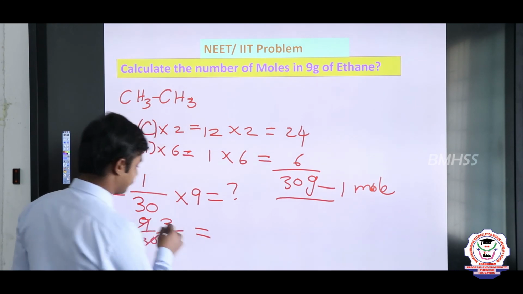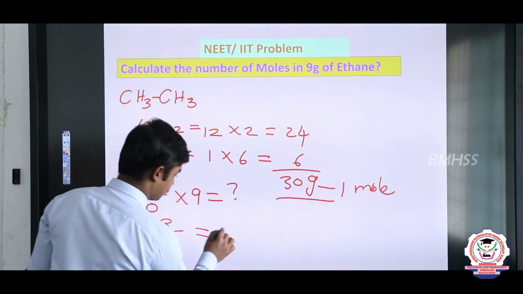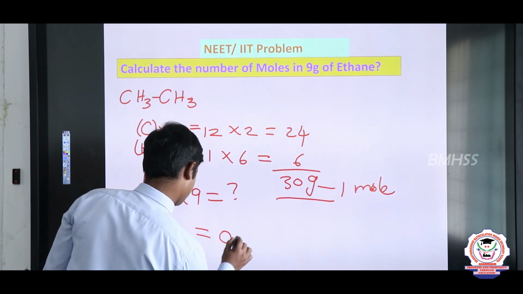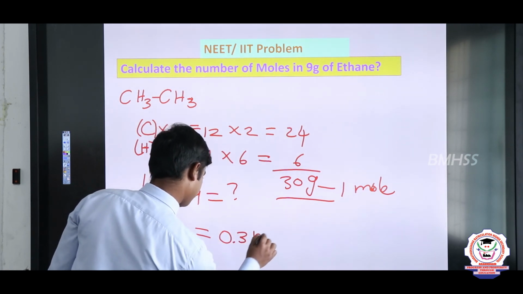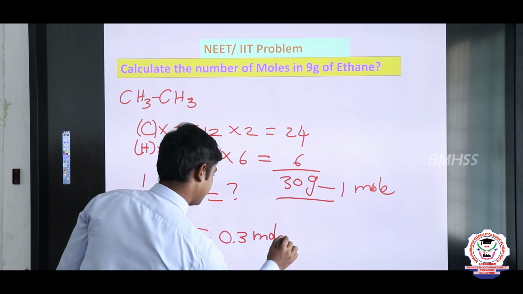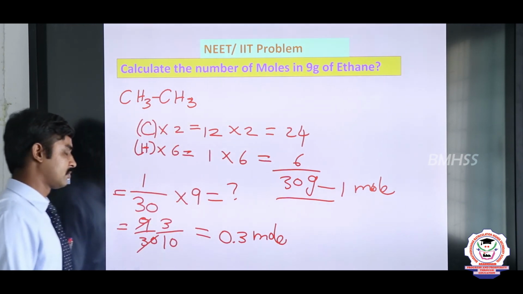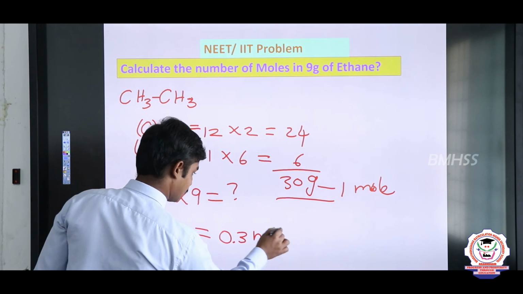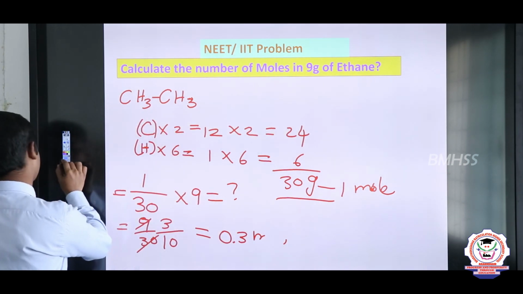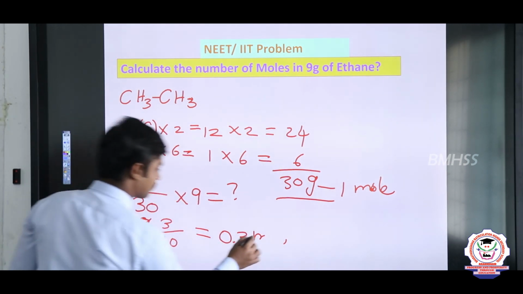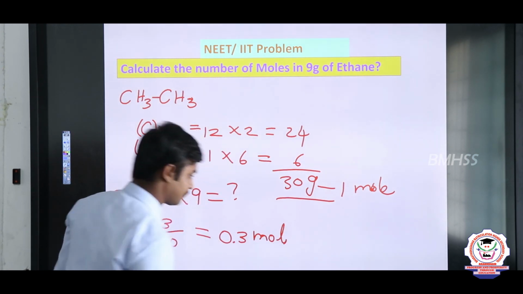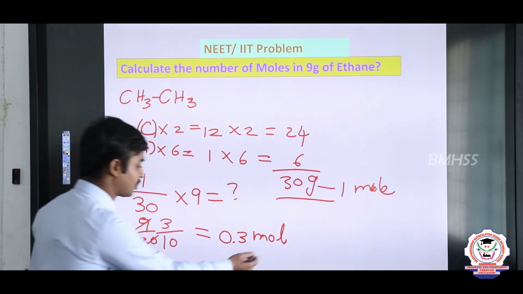So 3 by 10 is the simplest division, 0.3. It has the unit mole. We can simply write this mole as mol. So the answer is 0.3 mol.